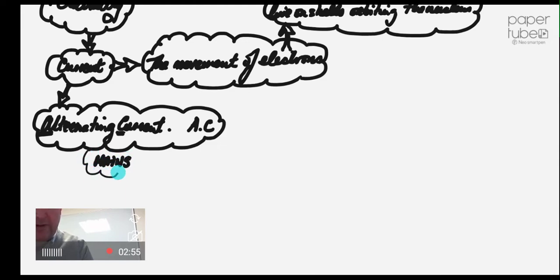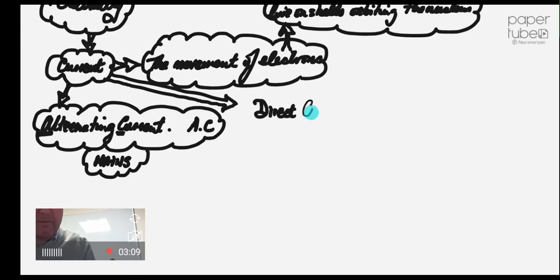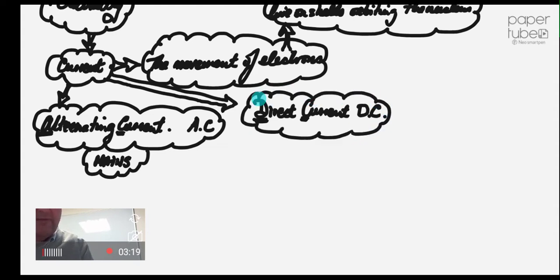And our mains are slightly different than the mains in America. They're also slightly different than the mains in Europe, just slightly. The other one is direct current, and direct current is known as DC. And as far as we are for key stage 4 GCSE, we'll say that's a battery or a cell.